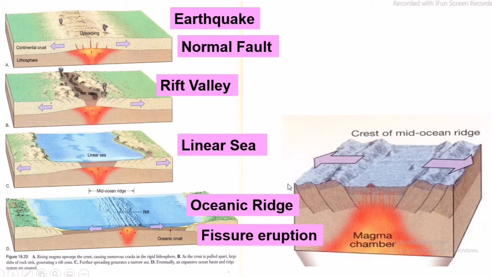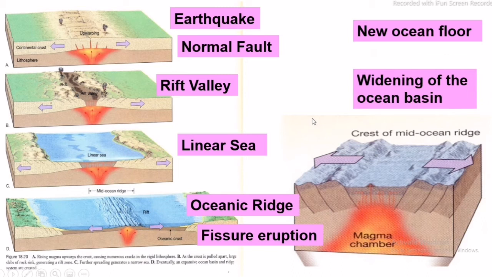And then since underwater there will be low temperature, the lava will harden or solidify. It will form the new ocean floor, and then divergence continues until the seafloor or the ocean floor will be widened. So there will be widening of the ocean basin.